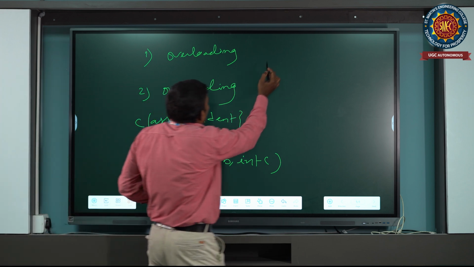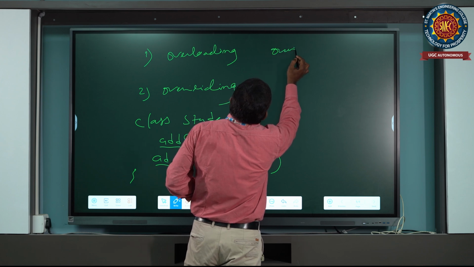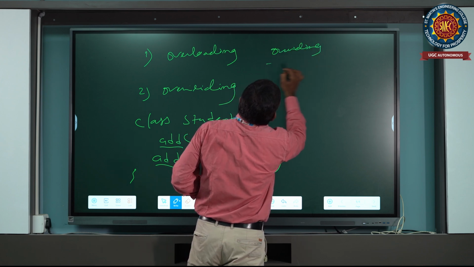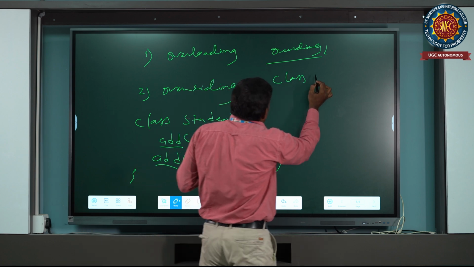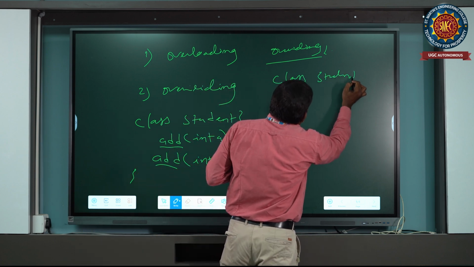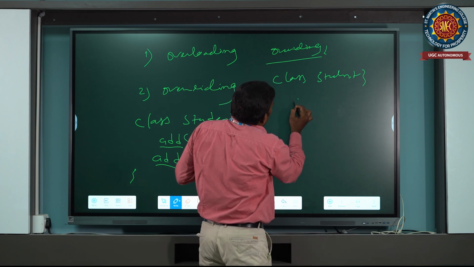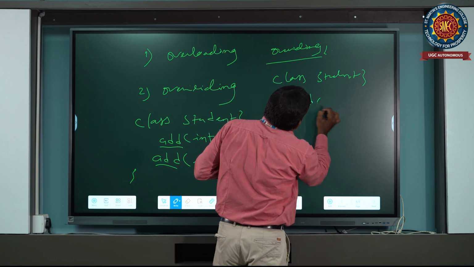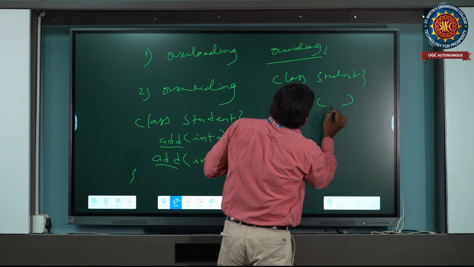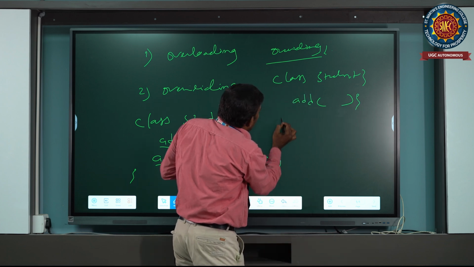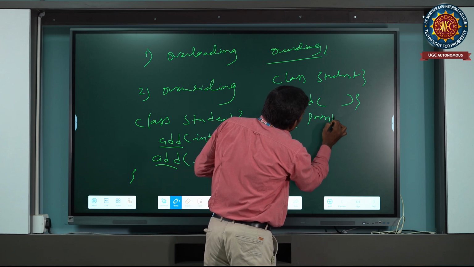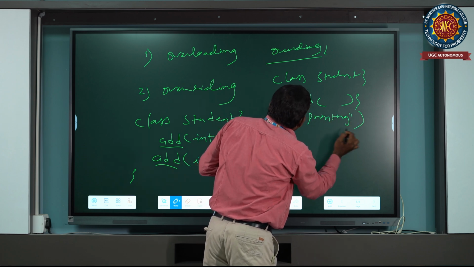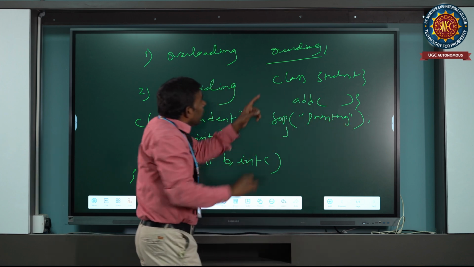What about overriding? Take the class student. I take one method, add, and I write SOP of printing. How can we achieve overriding?